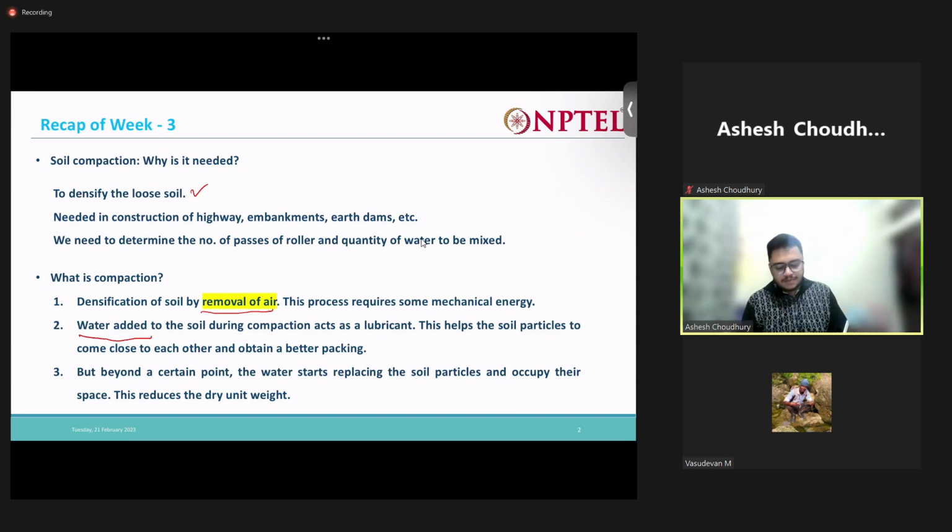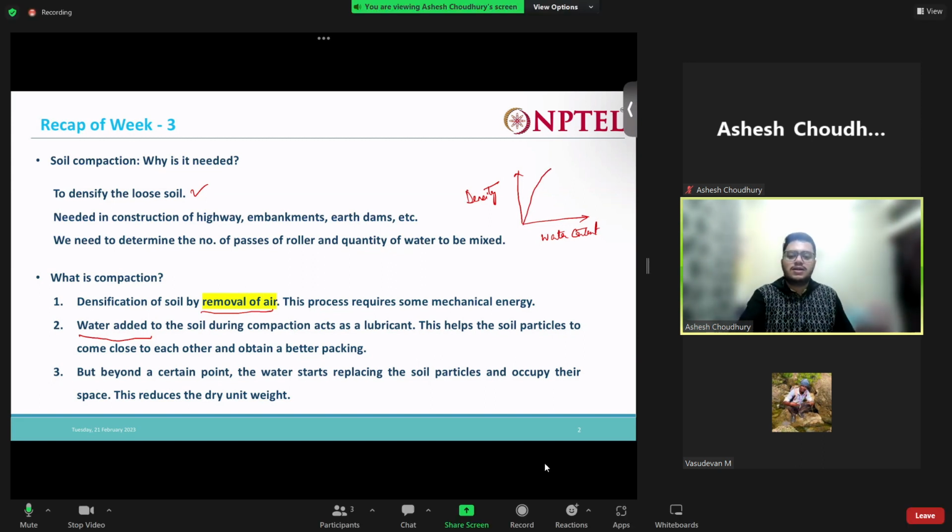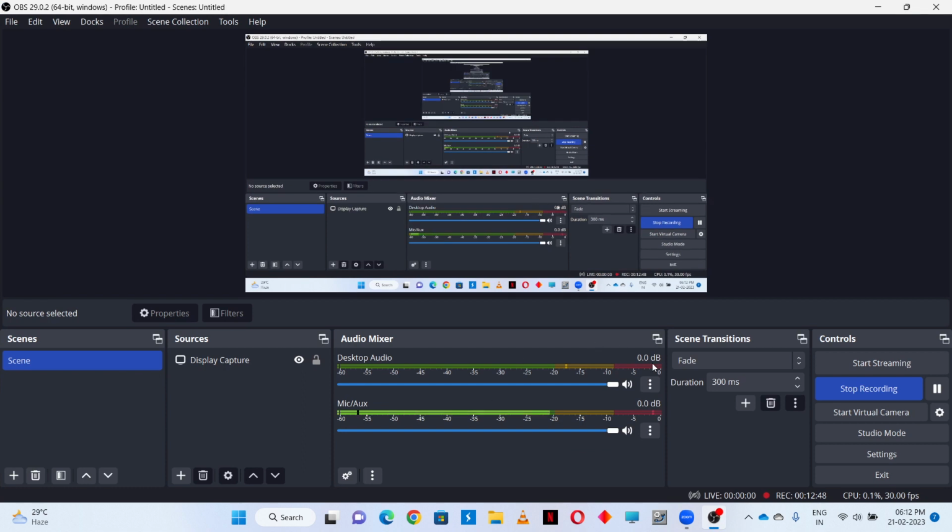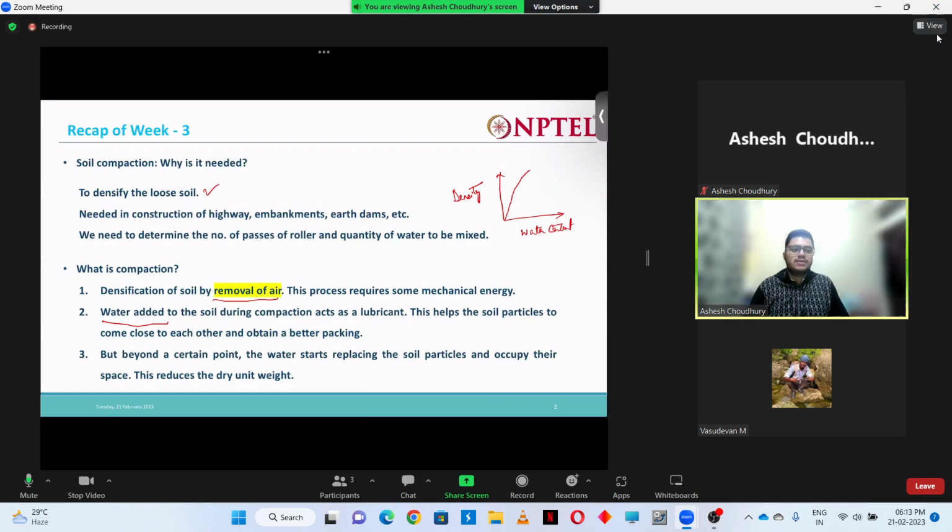So what happens is that if I plot the water content on the x-axis, and in the y-axis I plot the density, as you keep on increasing the water, the density keeps on increasing, and the soil keeps on attaining a more denser state.